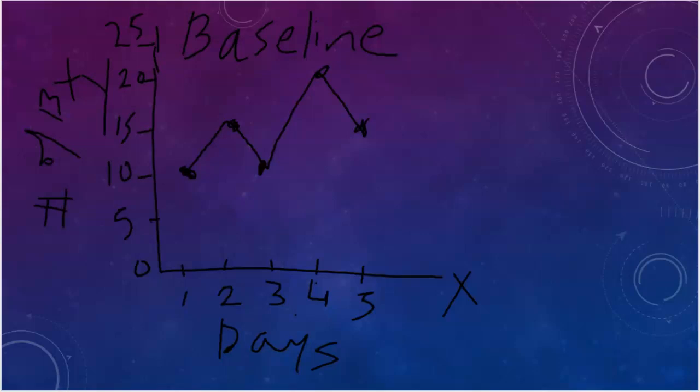When you do that, you have to draw a solid line like this and expand your graph with the x-axis, so you can continue the days of observation. So let's continue the days. This is day 6, 7, 8, 9, and 10.